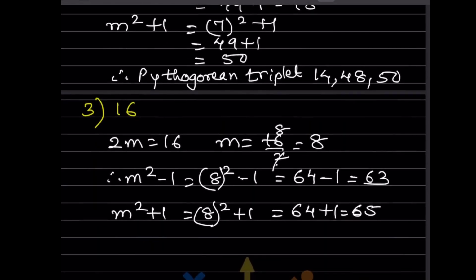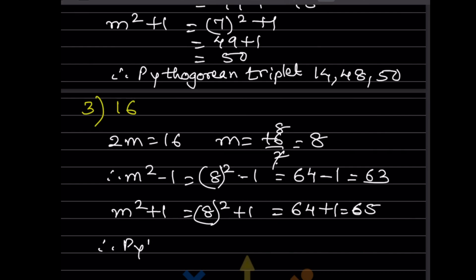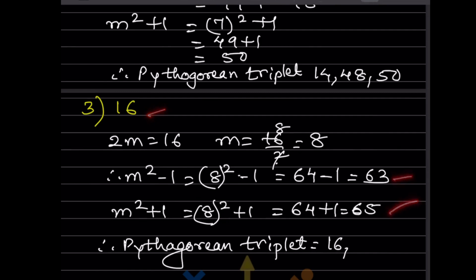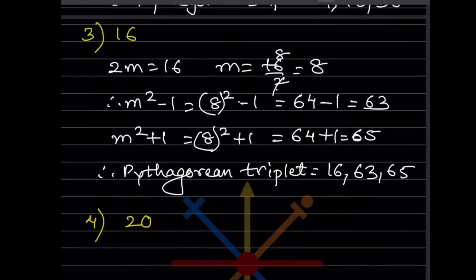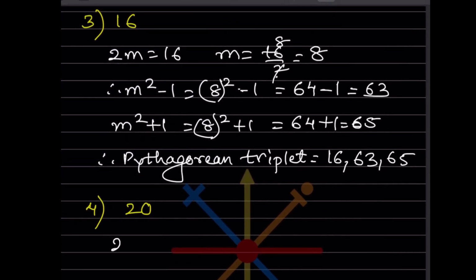So now what will you write? Therefore Pythagorean triplet is, which is the smallest number, that is given as 16, 63 and 65. Now let us see for 20, that is 2m is 20. So therefore m is equal to 20 divided by 2, that will be 10.